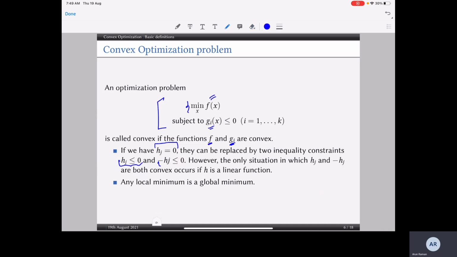Okay, so there is a mistake here, or, no, I think this is correct. What was written is correct. But the problem here is that the only situation in which minus hj and hj both are convex is if h is a linear function.